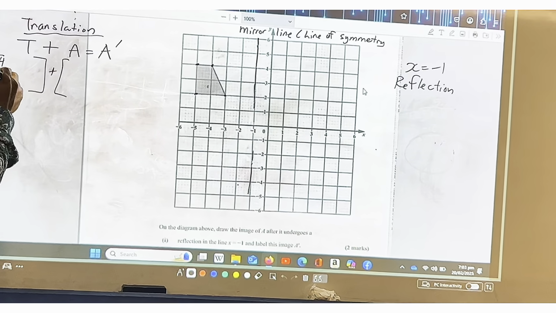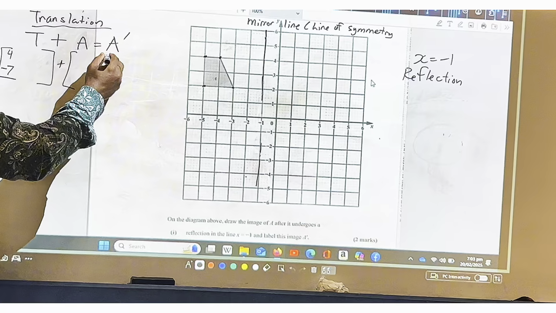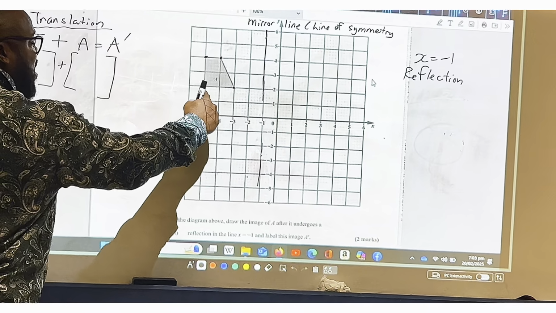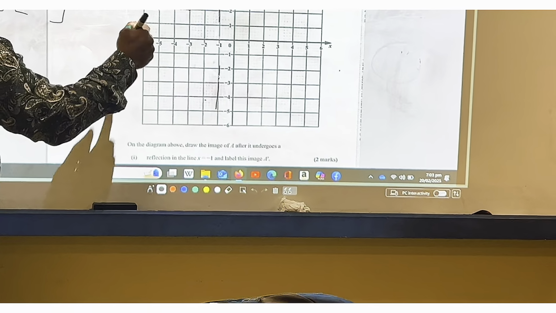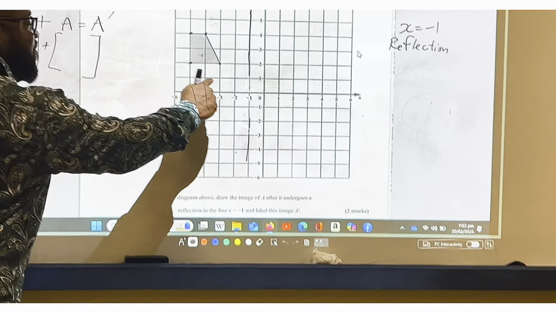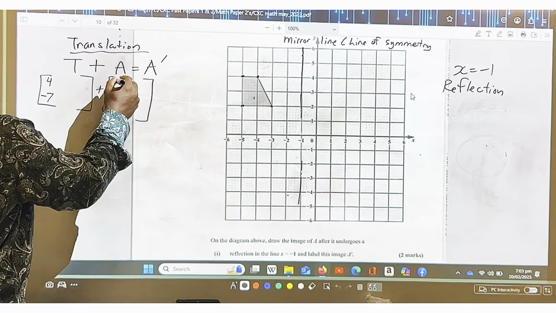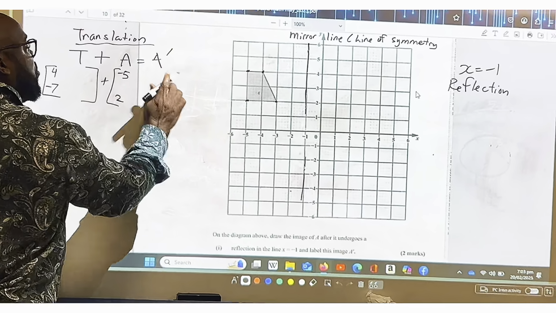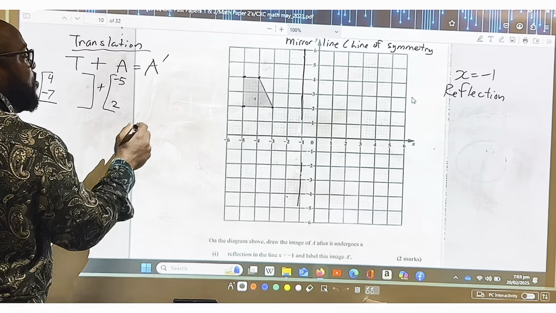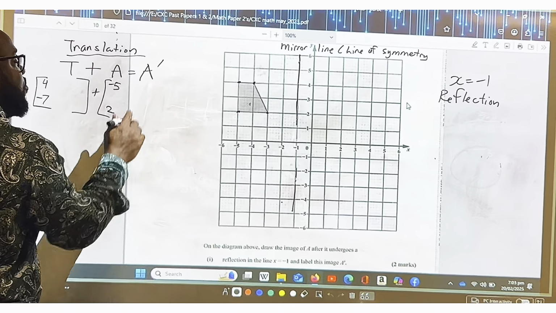4, negative 7. Give me the points here, guys. What do you call this? Negative 5, 2. Next one. Negative 3, 2.